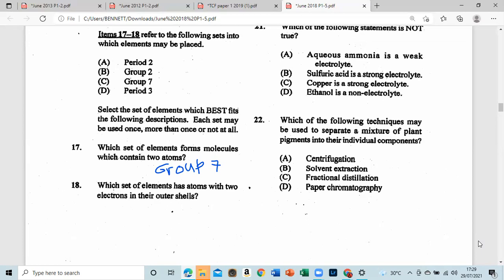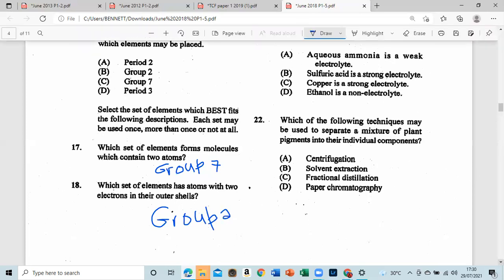Number 18 is group 2. That's how they come up with the whole group thing, right? In the outer shell. So group 2 is that answer.